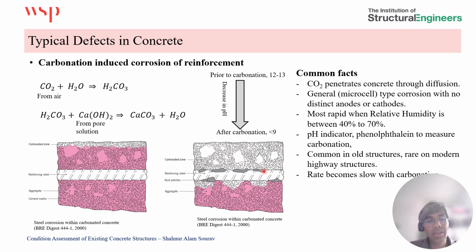This type of corrosion we usually see in old structures where there is not much good quality concrete or there is a high void ratio within the concrete, but we rarely see this in modern highway structures. Usually the concrete in modern structures has high cement content, low water-cement ratio, and good construction quality. One thing to note is that the rate of carbonation will decrease as the carbonation progresses.